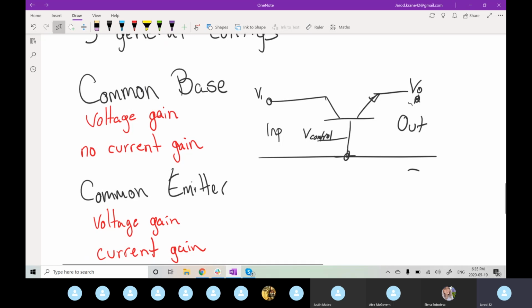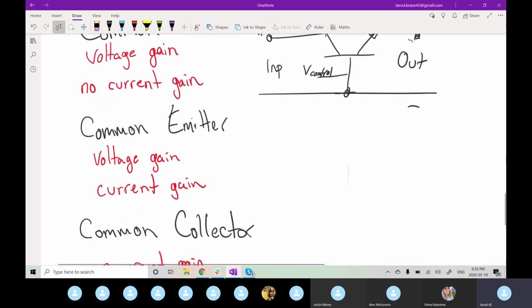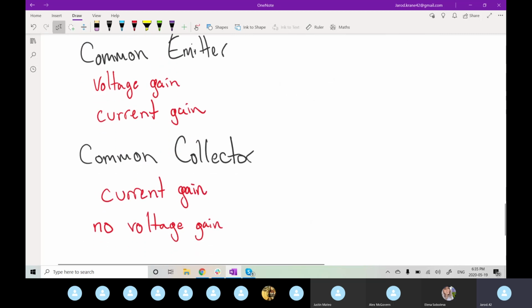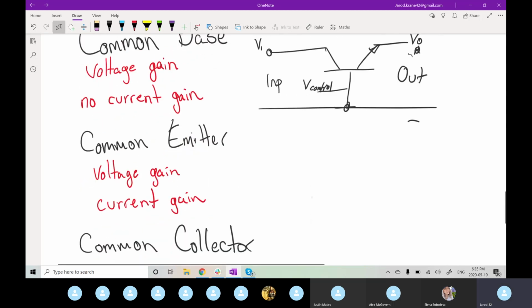So by using the same transistor in just slightly different configurations, we can achieve different outcomes just by minor configuration changes.